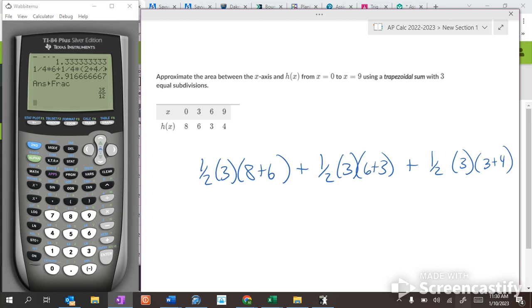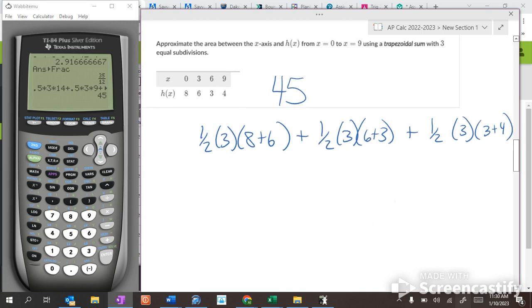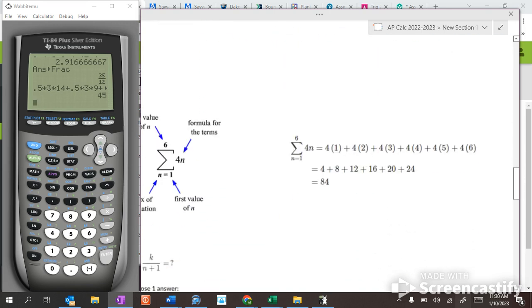So it's 0.5 times 3 times 14 plus 0.5 times 3 times 9 plus 0.5 times 3 times 7, which ends up to be 45. Okay? Area under the curve using Riemann sums or trapezoidals or midpoint ones.